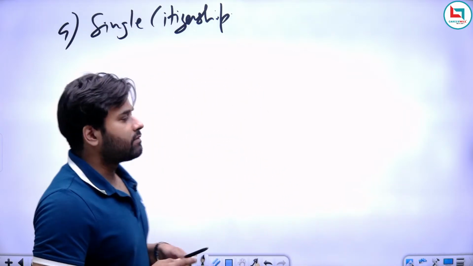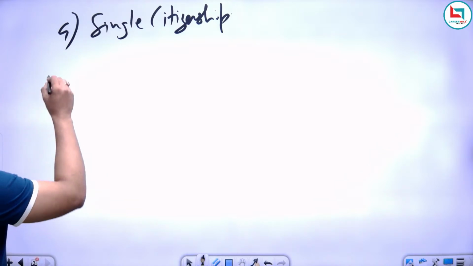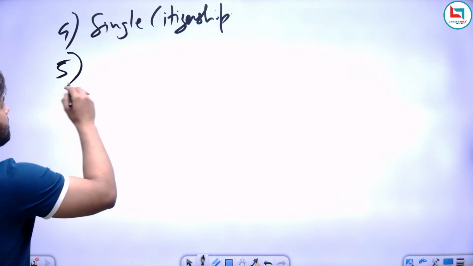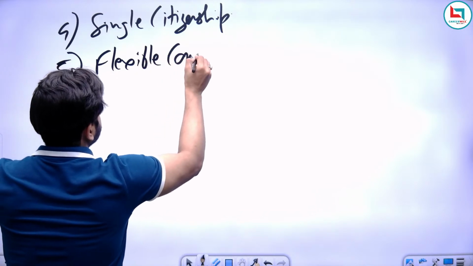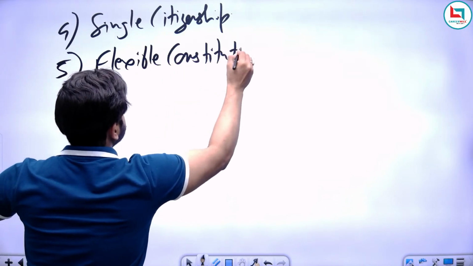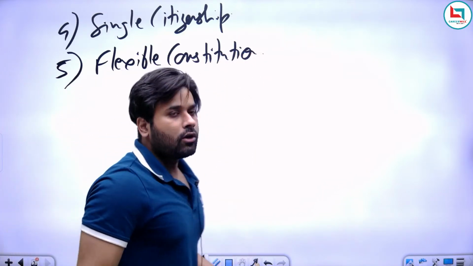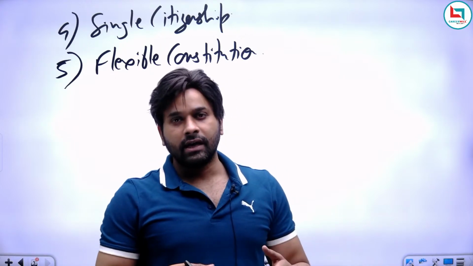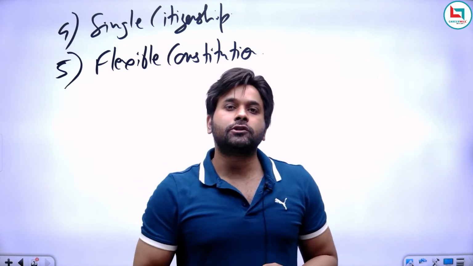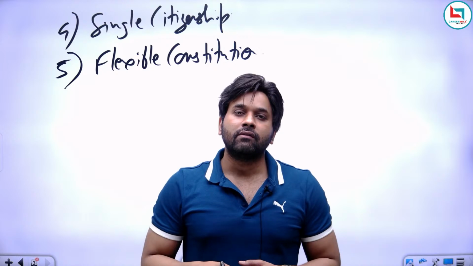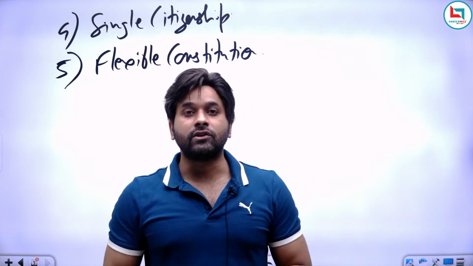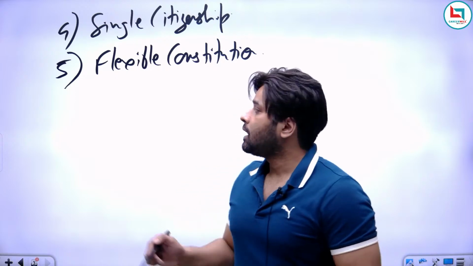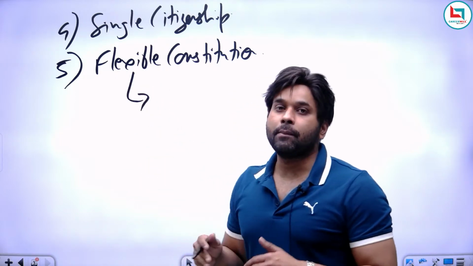Now, after single citizenship, we have flexible constitution. Now remember, we all know the Indian constitution is rigid as well as flexible. Rigid constitution is a federal feature, whereas flexible constitution is a unitary feature. Flexible constitution means the provisions of the constitution can be amended easily.